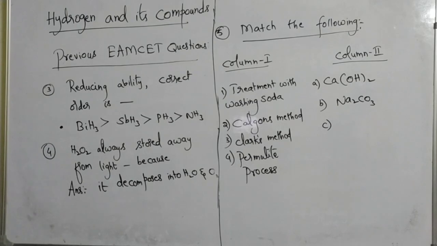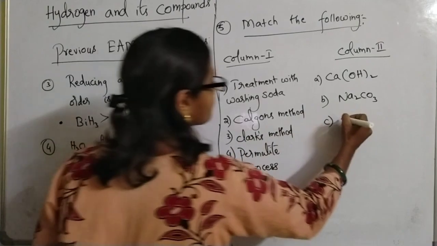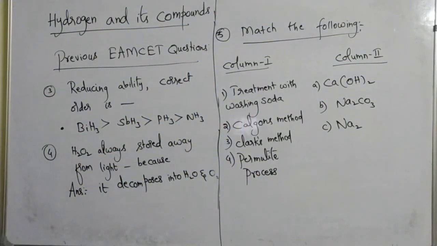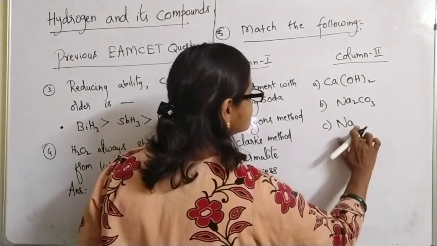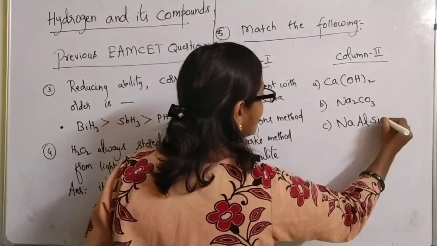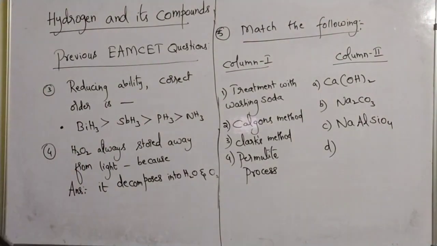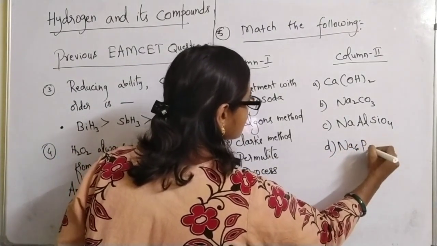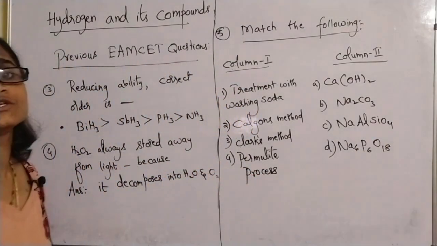And next, sodium aluminum silicate, NaAlSiO4, that is given. And option D what is given? Na6P6O18, that is only Calgon. Okay, so you have to do match the following here.